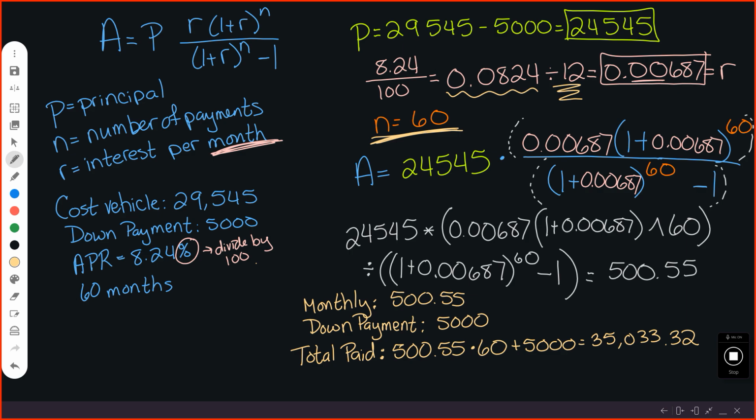The leasing part is actually easier. Again, I'm going to erase this, but you can go back and look at it again if you need to. The leasing part is easier because the calculations are super confusing, so we're not asking you to do them.